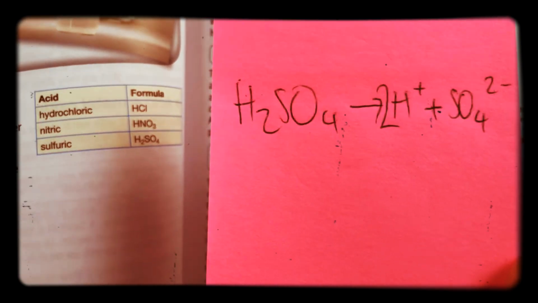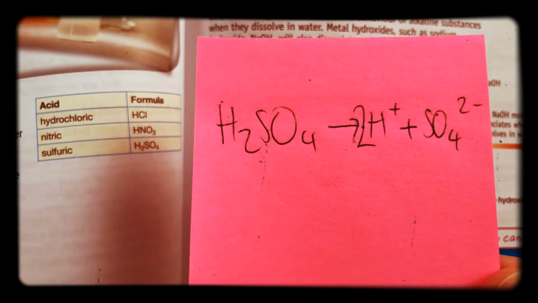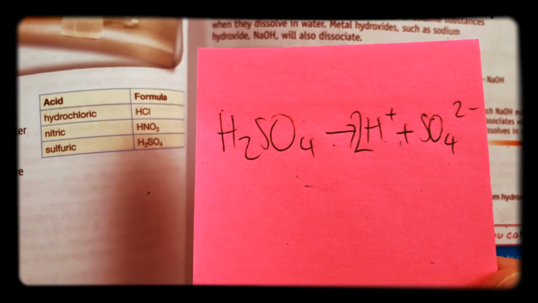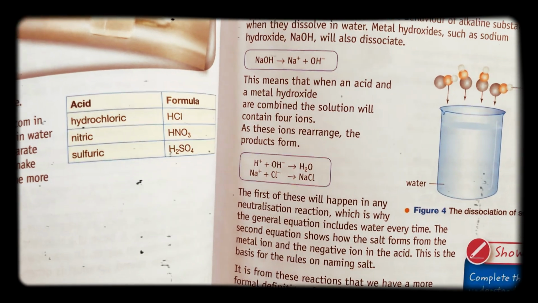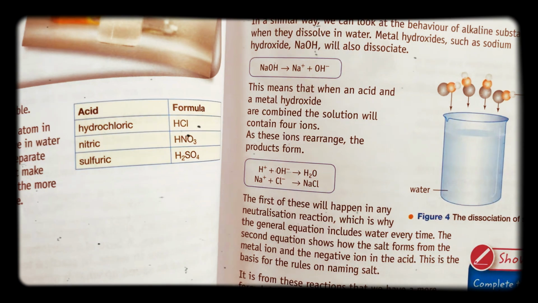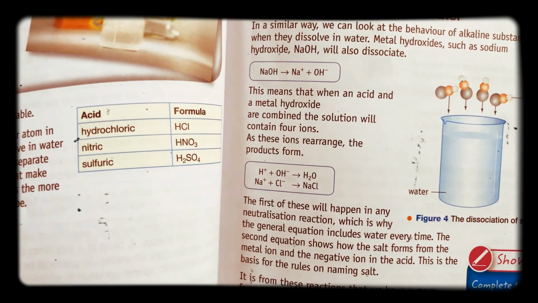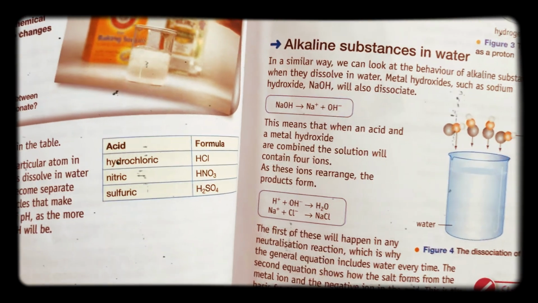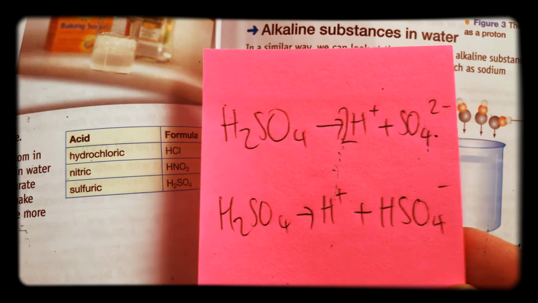Alternatively, there are some answers that allow you to just lose one of the hydrogens. If you just lost one of the hydrogens, you would have something else that's forming, which is a hydrogen sulfate. That would be the first stage in the dissociation. So that would actually appear like this: H+ and HSO4-.